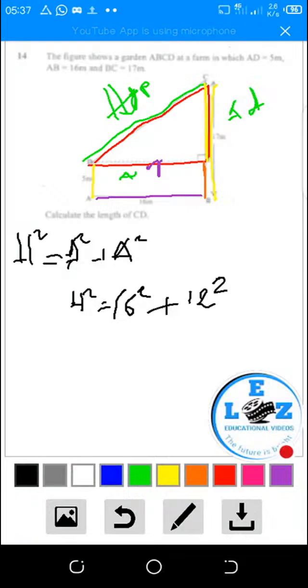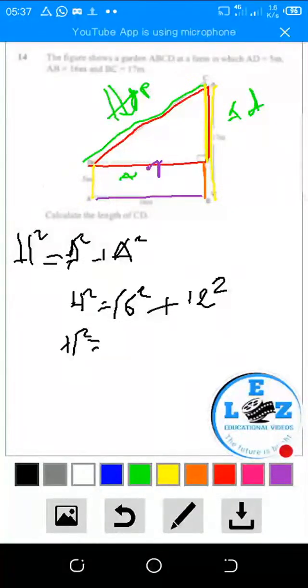So h squared is equal to 16 squared, which is 16 times 16, giving us 256, plus 12 times 12, which gives us 144.